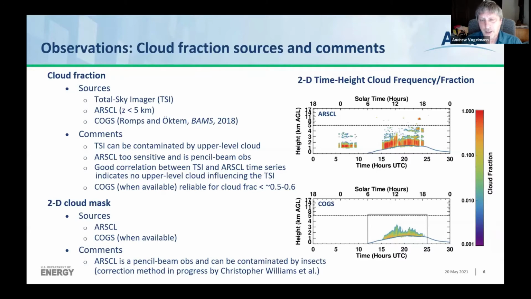So in my opinion, COGS is the best to use when it's available. However, just don't despair. There's a correction method in progress by Christopher Williams that can potentially go back and correct some of the historical RSCL archive.